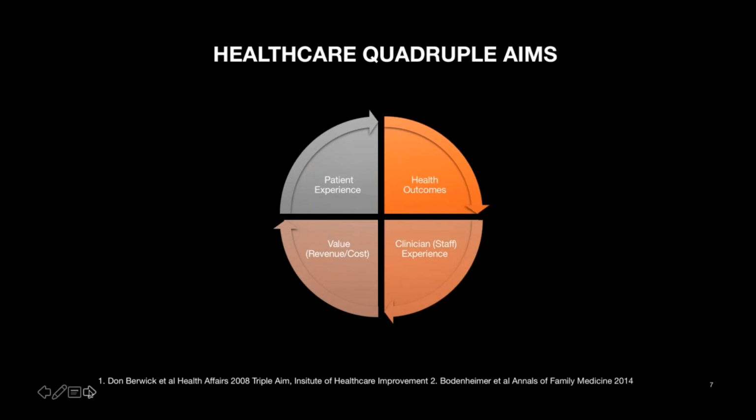You may be aware that health systems are moving along this path of the healthcare triple aim or the healthcare quadruple aim. The triple aim was coined by the Institute for Healthcare Improvement, which stated that health systems are moving in a direction of improving patient experience, improving the health outcomes or clinical outcomes of patients, as well as improving value. And value is defined by either improving revenue or reducing cost per capita, as health systems are really trying to become more efficient.